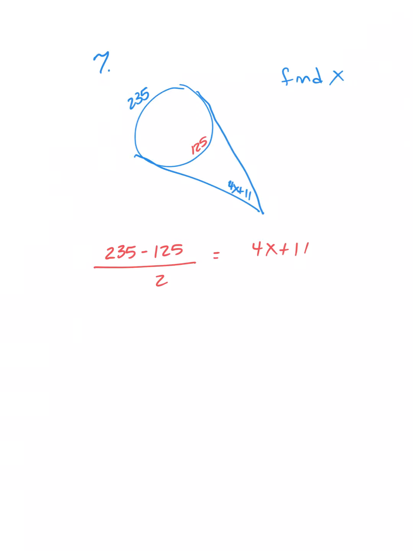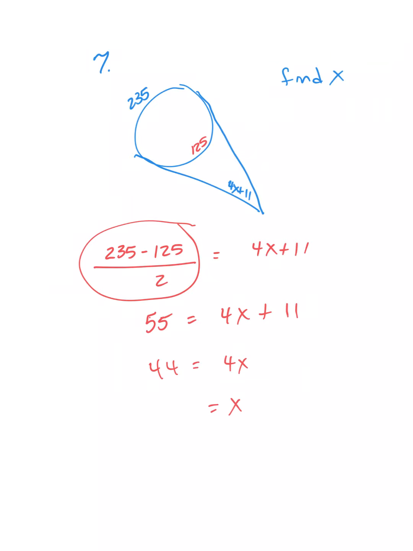The left side is 110 divided by 2 is 55 equals 4x plus 11. This right here is equal to 55 if you put in your calculator. When you subtract 11 from both sides, you get 44 equals 4x. So x equals 11. And they only want x, so you're finished.